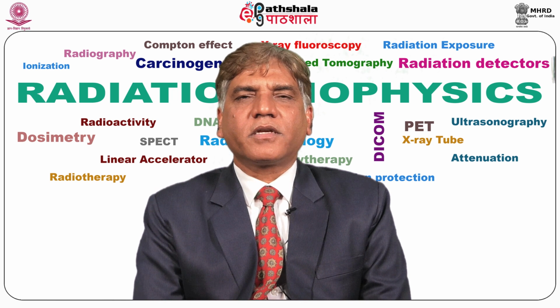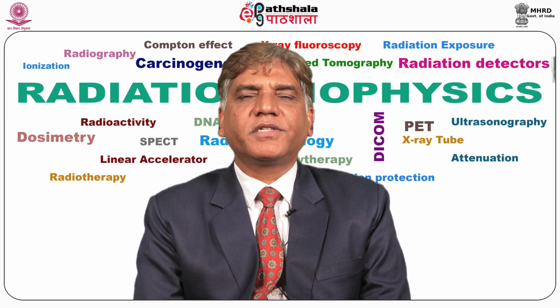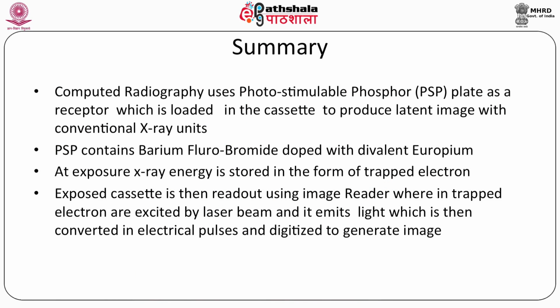So, with this I summarize digital radiography. Digital radiography is the presentation of digital images. This is entirely different from conventional film-screen images. Here the images are displayed in the form of rows and columns known as a matrix.